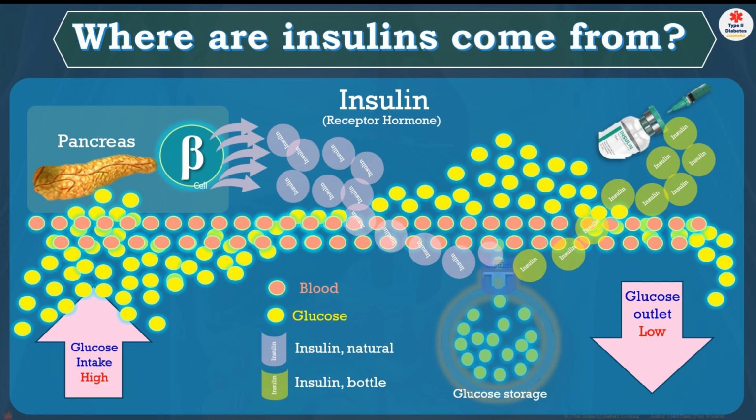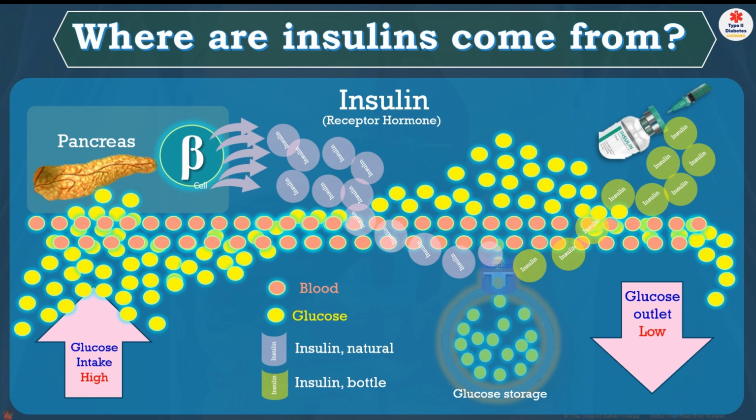The pancreas creates the beta hormone, the receptors that get the sugar into the cell as glucose storage for energy, right?